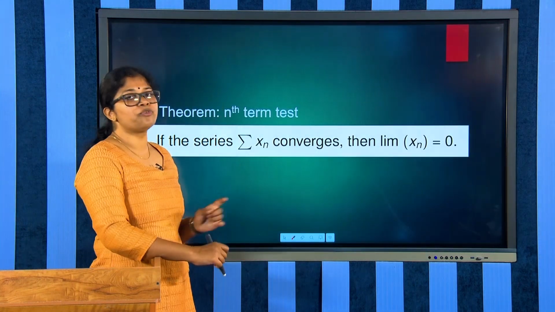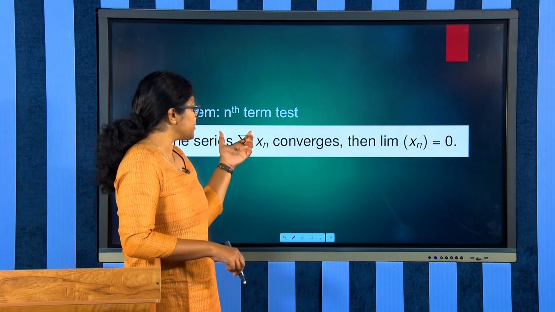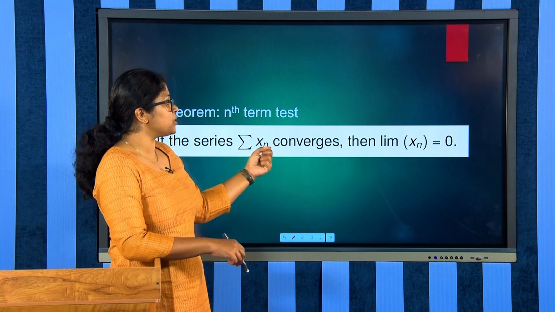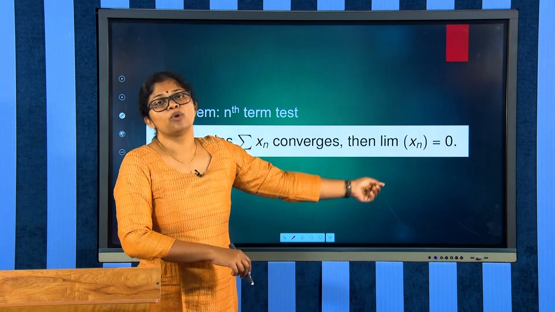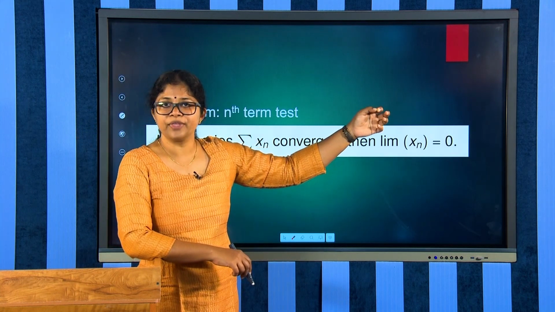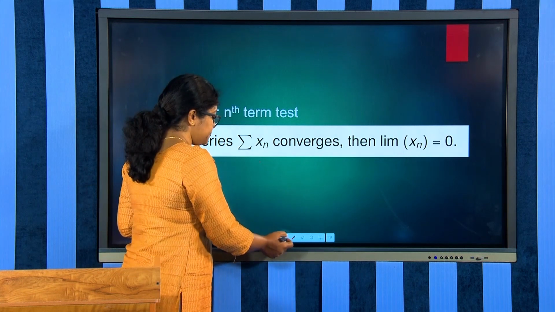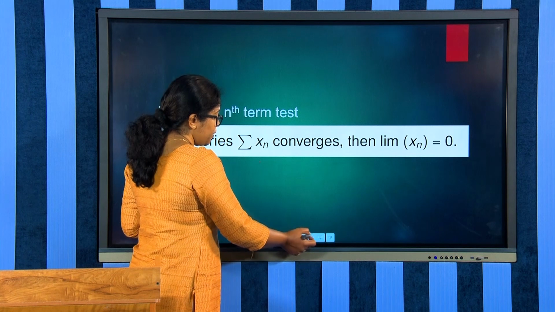So, this is the proof of showing that if sigma xn converges, or if an infinite series converges, then the nth term goes to 0 as n tends to infinity. So, this is what is called the nth term test. Okay.